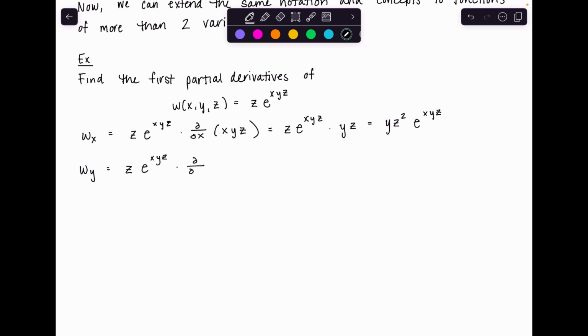And then chain rule tells us go ahead and differentiate this now with respect to y. And so the derivative of that is going to be xz. The derivative of y is 1. So you get an x, a z, you already had one out front. So this becomes xz squared e to the xyz.